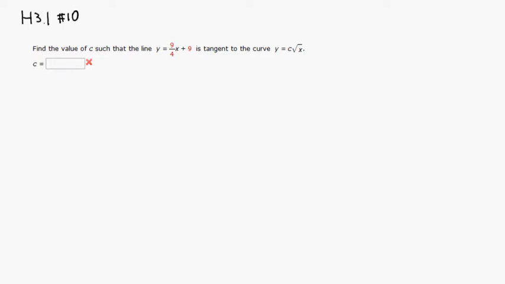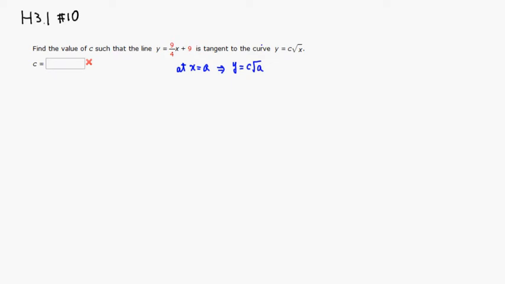First thing is, I'm going to say this is the tangent line at x equals a. We don't know this a though. Which means that if you plug a for x, you get y equal to c times square root of a.